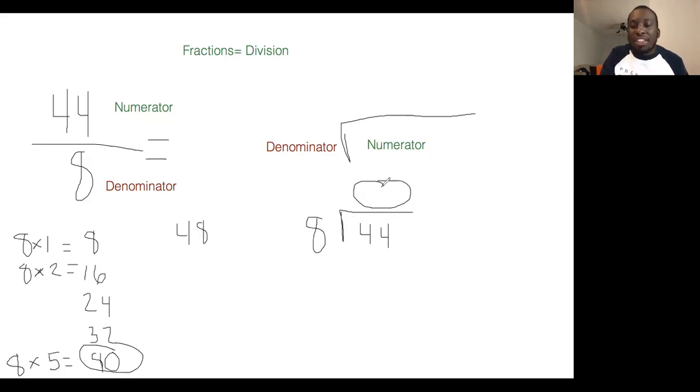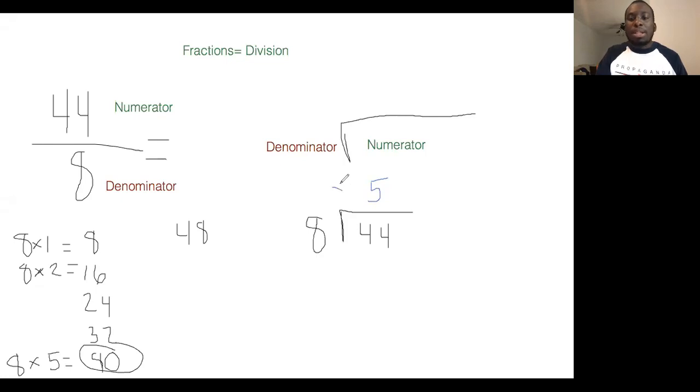So 5 is going to go at the top. And I'm actually going to write this 5 in a different color, and you will understand why in just a second. I'm going to use blue. So I'll put it on the top.